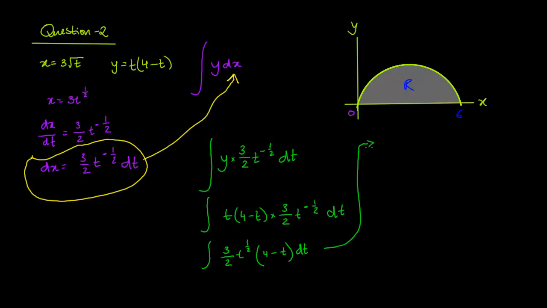Moving on to here, that would essentially end up being the integral of 6t to the power of a half minus 3 over 2 t to the power of 3 over 2.